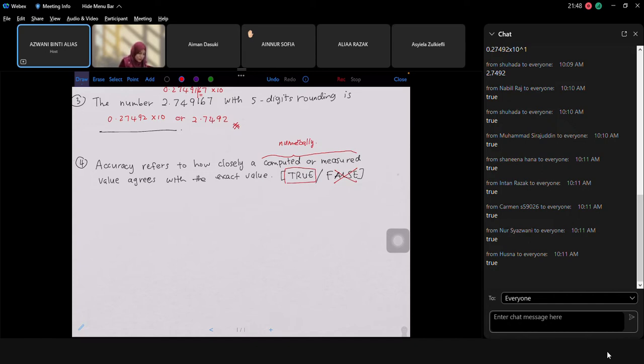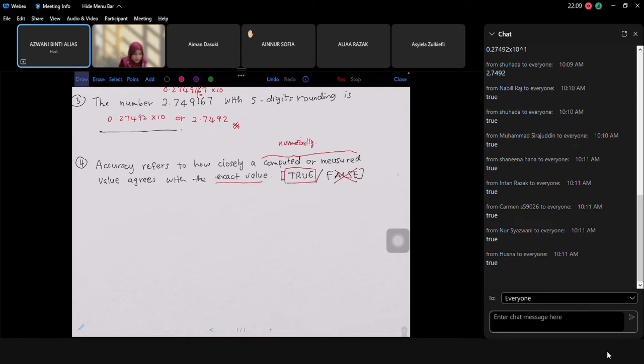Compared to the exact value, the smaller the change in value, the more accurate the number. So the accuracy refers to how closely a computed or measured value agrees with the exact solution. Okay, so clear.